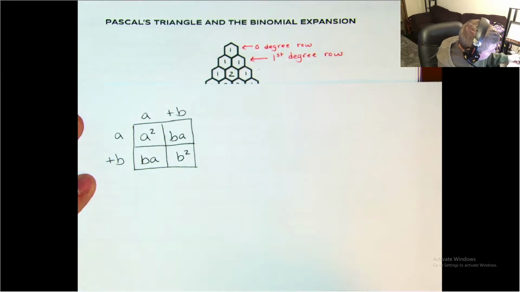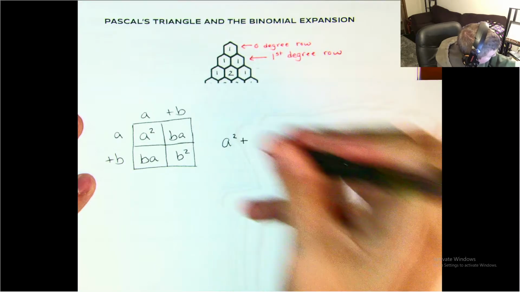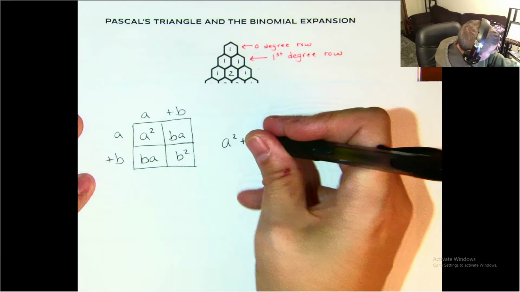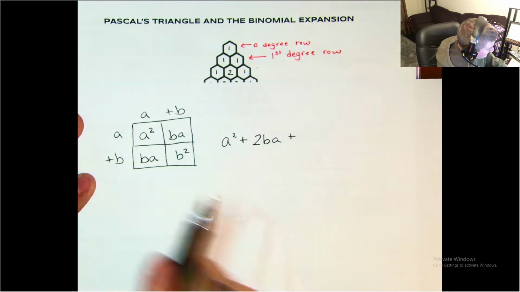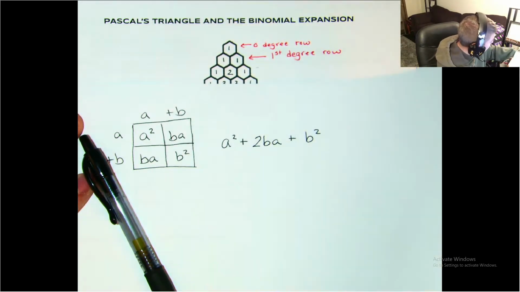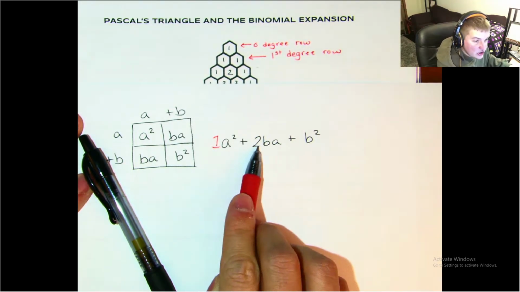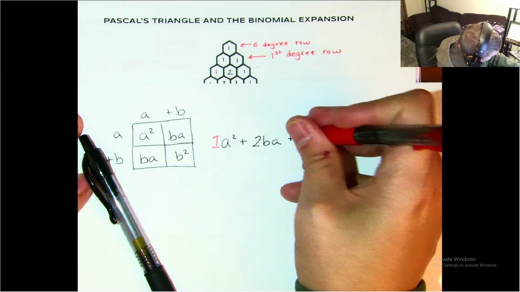So what does this turn into? This turns into a squared plus b times a plus b times a. That's two of them. So I would have 2b times a plus b squared. Okay, so what do I end up having here? I have 1a squared plus 2ba or ab plus 1b squared.